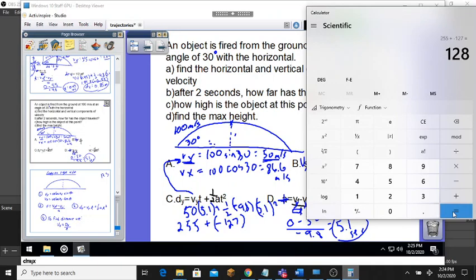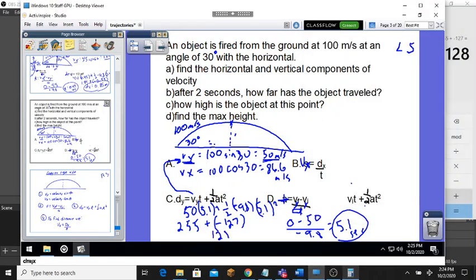Negative 127, and it gives me 128. So dy equals 128 meters. And then the last part was this, Vx equals dx divided by t.